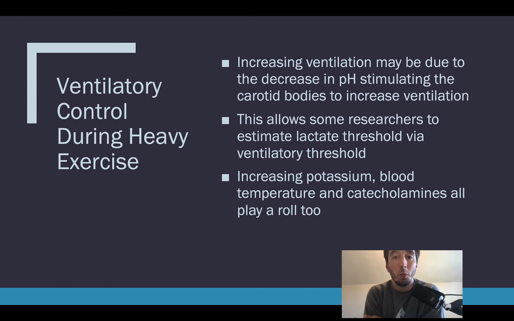In general, what we're looking at here is that ventilation is going to increase with exercise. Ventilation increases are going to be determined by changes in oxygen and carbon dioxide. And then we're going to manipulate those changes in oxygen and carbon dioxide levels inside of the blood based on pH of the blood, based on pH of the body, based on temperature of the blood, based on temperature of the body.